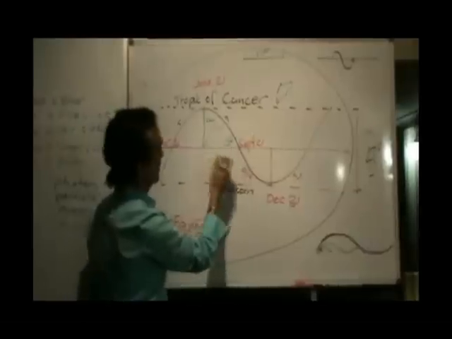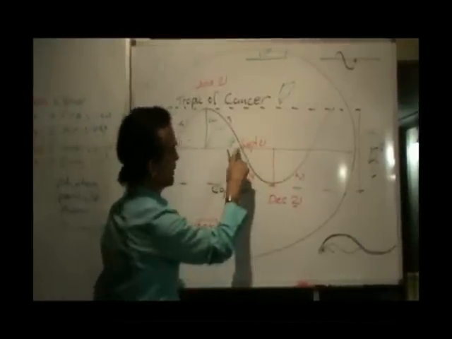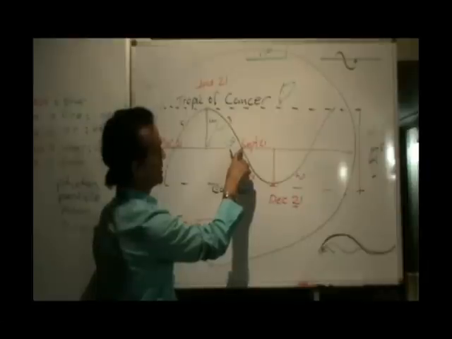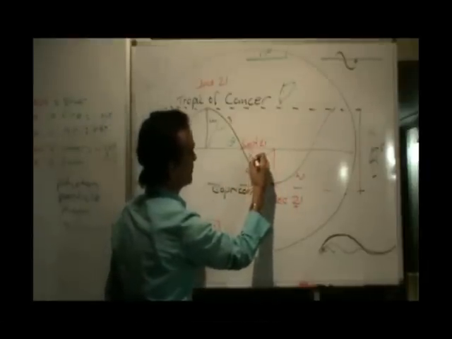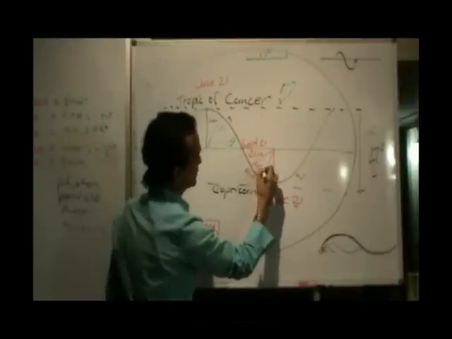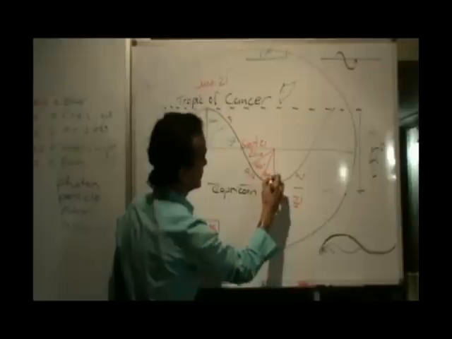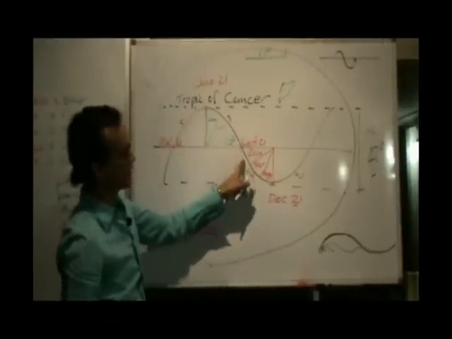Keep that in mind. Now, on September the 21st, when the sun goes below this equator, there is Libra. Here is Scorpio, and here is Sagittarius. These are the fall months. This is the autumn.